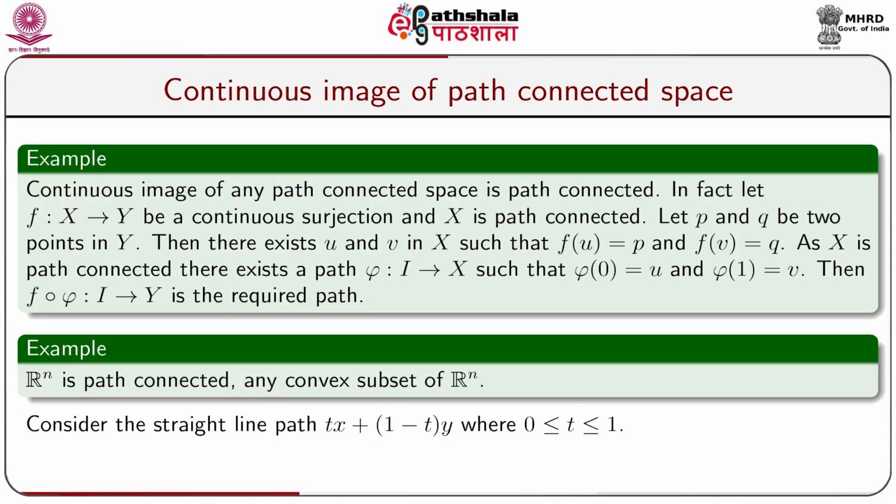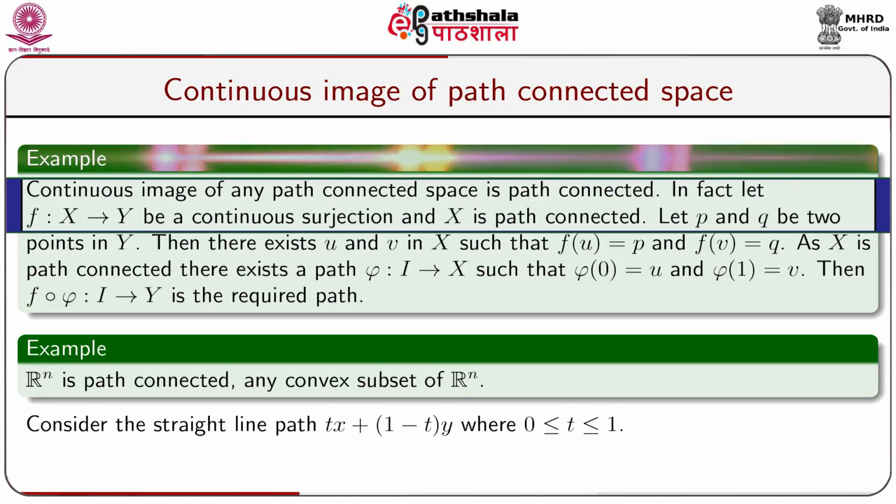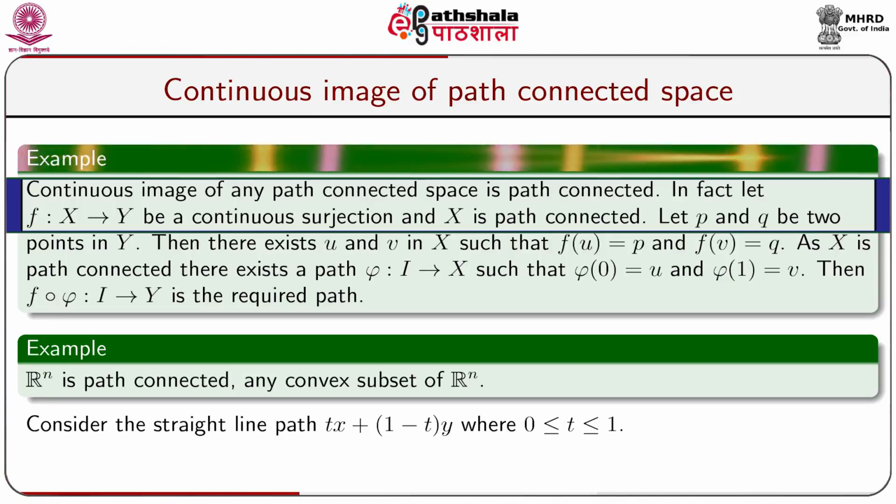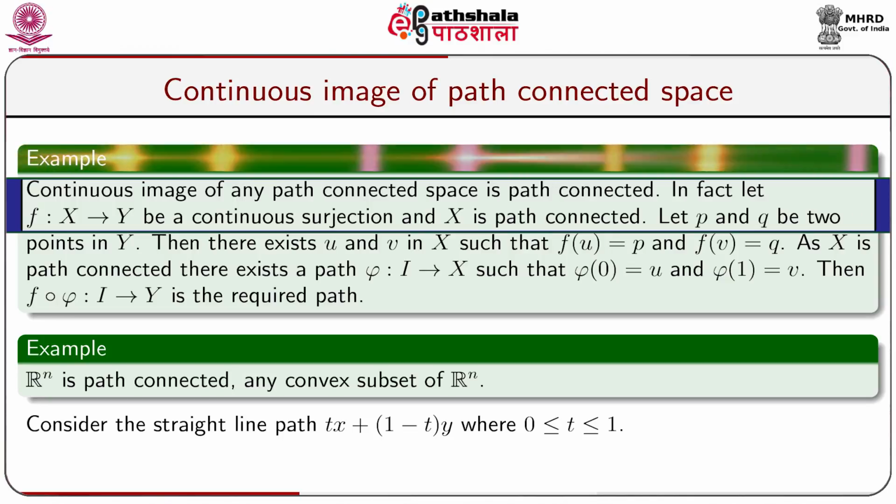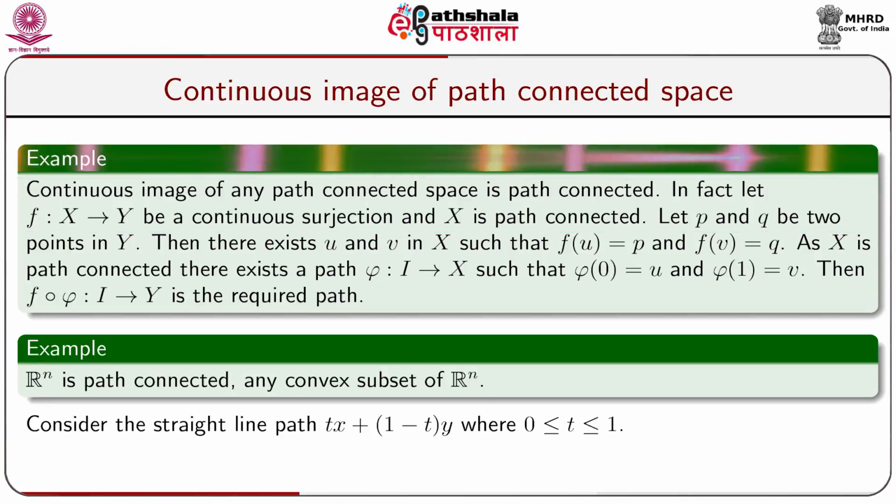The continuous image of any path connected space is path connected. We have previously proved that the continuous image of any connected space is connected. Here we claim that the continuous image of any path connected space is path connected.